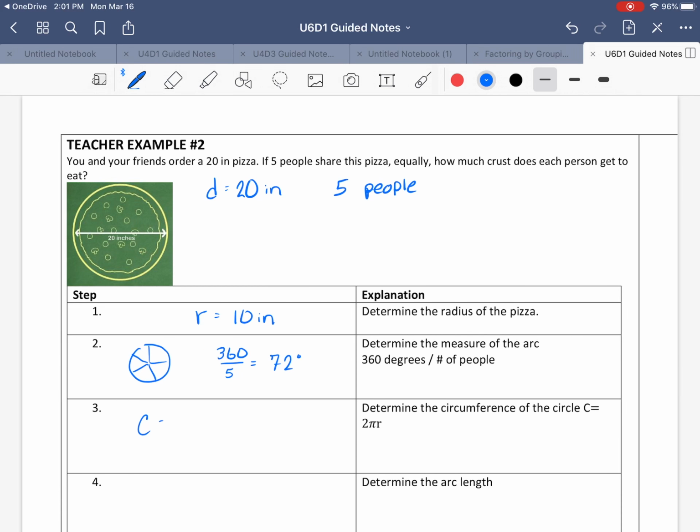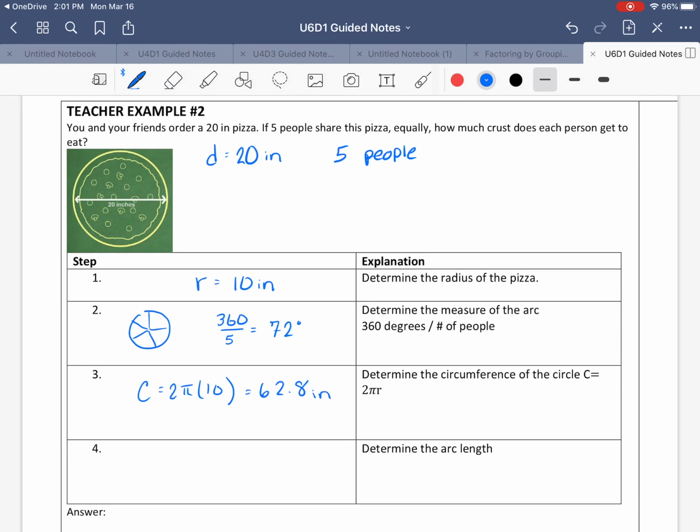Now we need the circumference, and we can do that using 2 pi r, which in this case is 10. And we get our circumference to equal 62.8 inches. And then lastly, we just need to set up our proportion. So it's going to be arc measure over total number of degrees in a circle, the arc length over the circumference. Right?